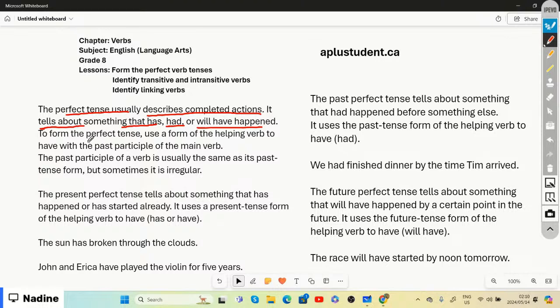And to form the perfect tense, right, we need to use the form of the helping verb to have with the past participle of the main verb.